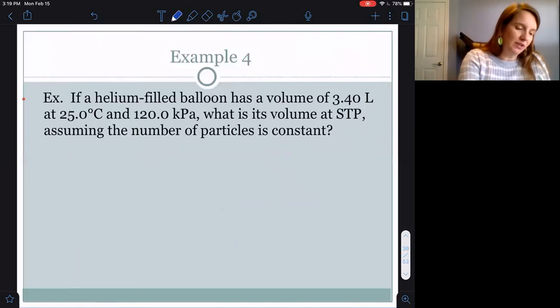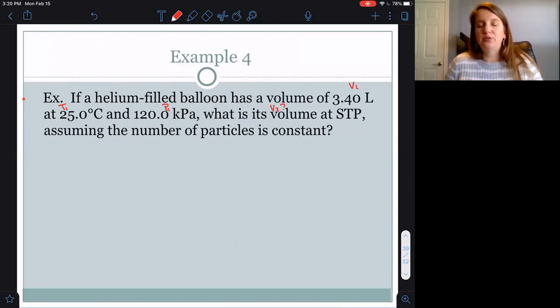In example 4 here, if a helium-filled balloon has a volume of 3.4 liters at 25 degrees, that's temperature 1, and 120 kilopascals, that's pressure 1, what is its volume? So we're looking for volume 2 at STP, assuming the number of particles is constant.